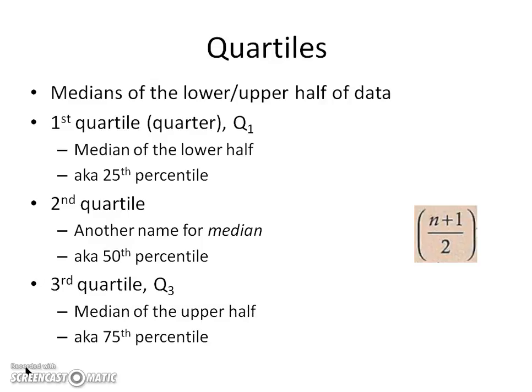Similarly, if I switch to the upper half of the data, the median of the upper half of the data would be my Q3, my third quartile, also known as the 75th percentile.